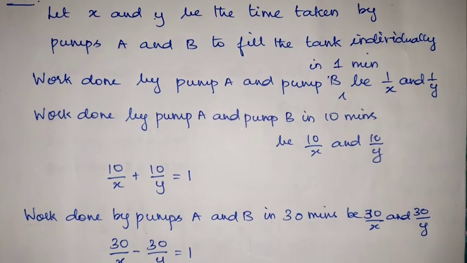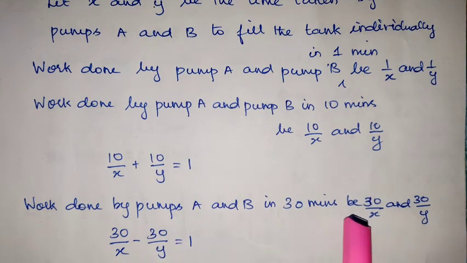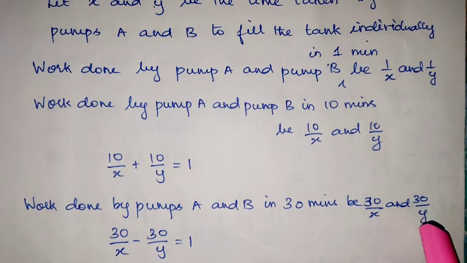Now, secondly, you see here, it is given that pump B is working in reverse order. That means the tank will be filled in 30 minutes. So the work done by pump A in 30 minutes is 30 by x, and the work done by pump B in 30 minutes is 30 by y.